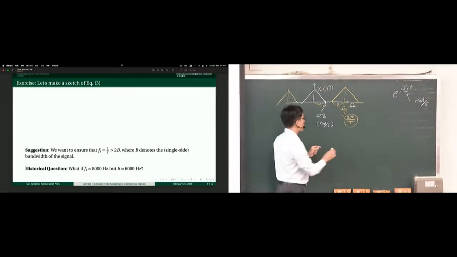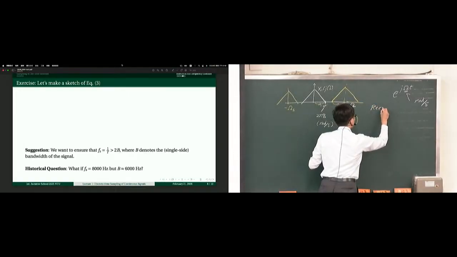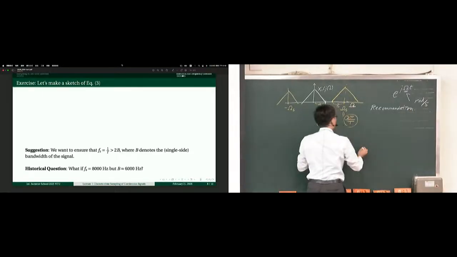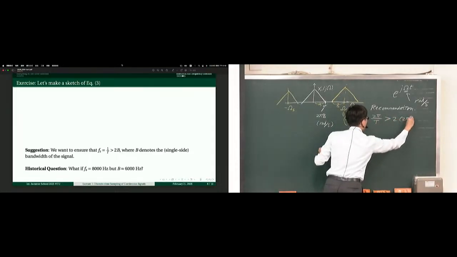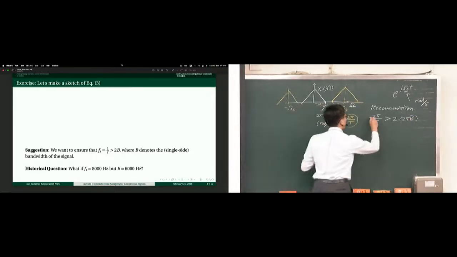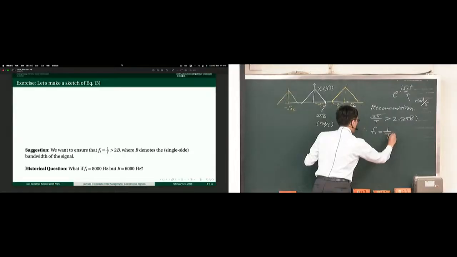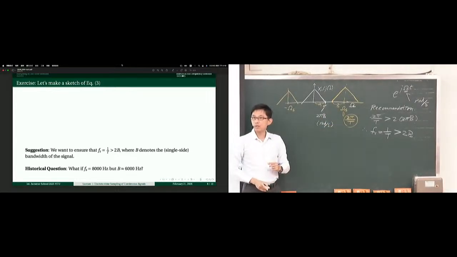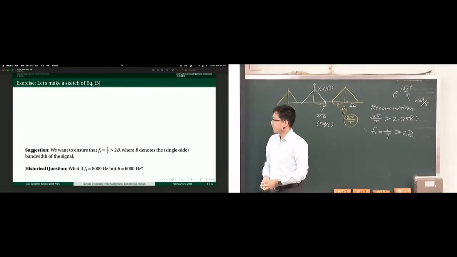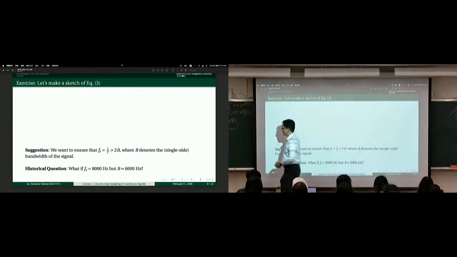The Shannon-Nyquist recommendation is that we want this shift, 2 pi divided by T, to be greater than 2 times 2 pi B. So the conclusion is still the same: we want the sampling frequency to be at least 2 times B. Then the shift is far enough, we don't have overlap, and we are happy because there will be no interference between spectral components. So that's a bit of a recap from yesterday.